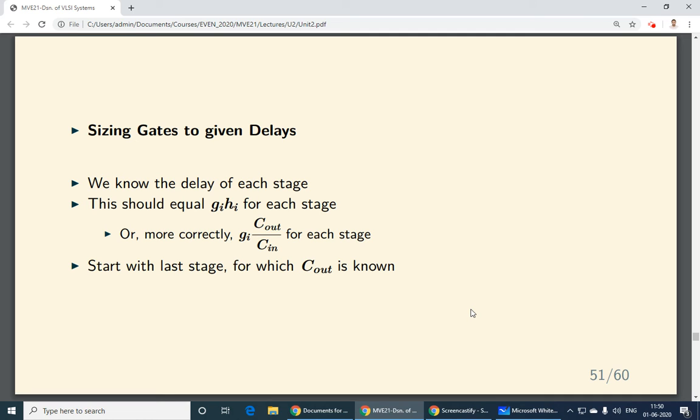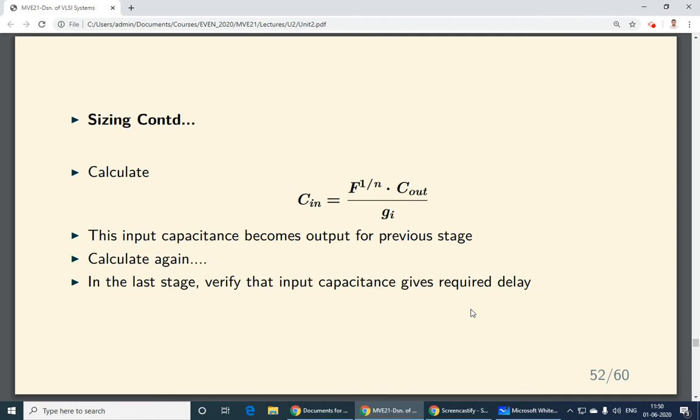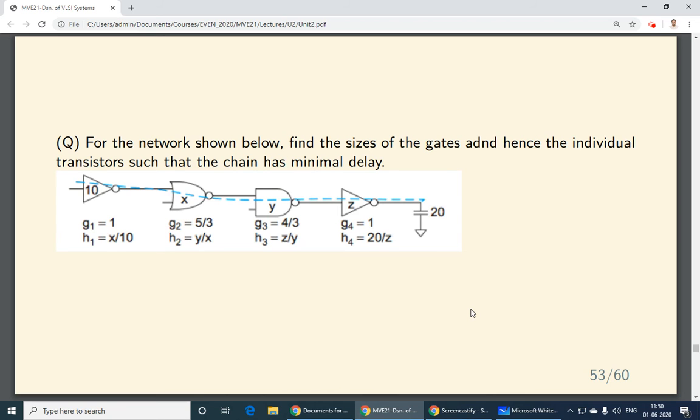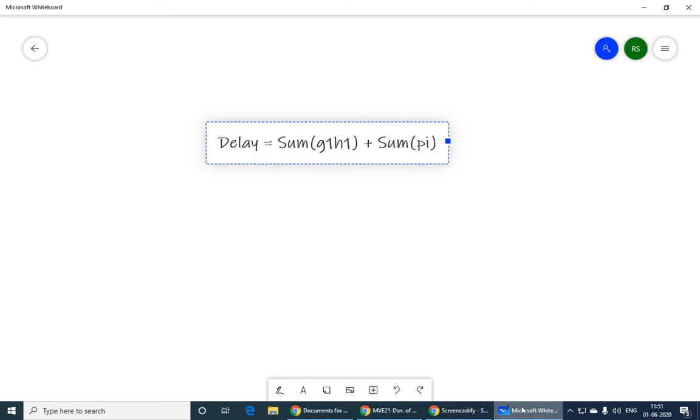Now let us go back to the example, okay, and try to find the values for x, y, and z. So what we know already we will write, okay, that is f to power 1 by 4 equal to 1.45. In fact, even one line before that we have calculated, we know f equal to 40 by 9.